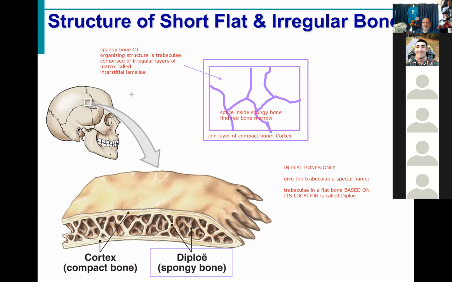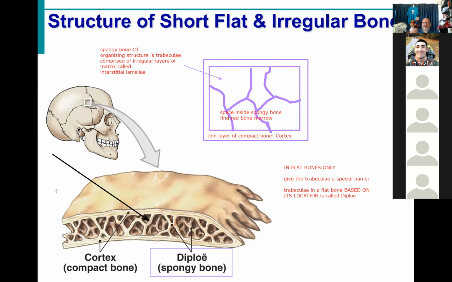And so, yes, absolutely. If I showed you an image like this or an actual cross section through a flat bone and I had an arrow pointing to this structure, there are lots of questions I could ask.